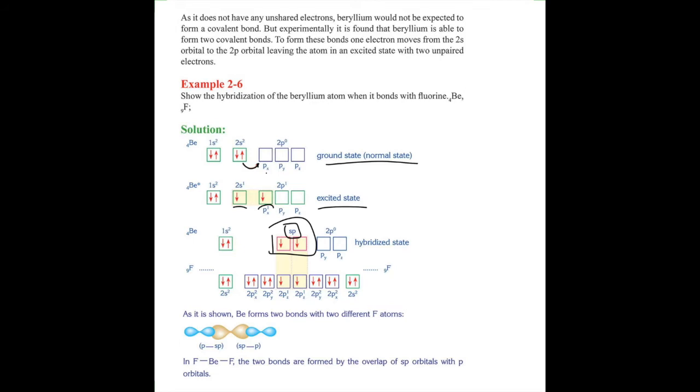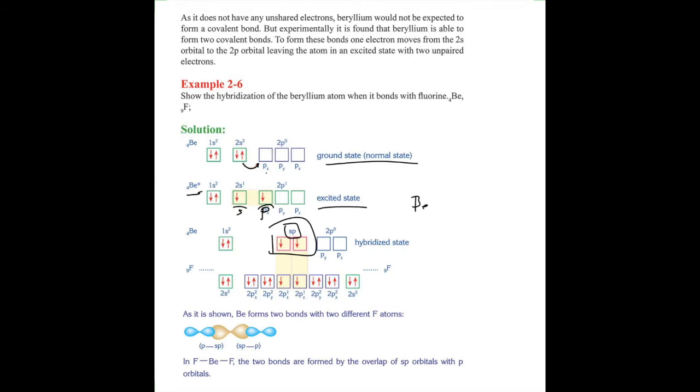Why do we call it sp hybrid orbital? Because one orbital is s, another is p. Because of that, we call it sp hybrid orbitals, and the type of hybridization is sp hybridization. As a result of the process, it is possible to make two valencies of beryllium.